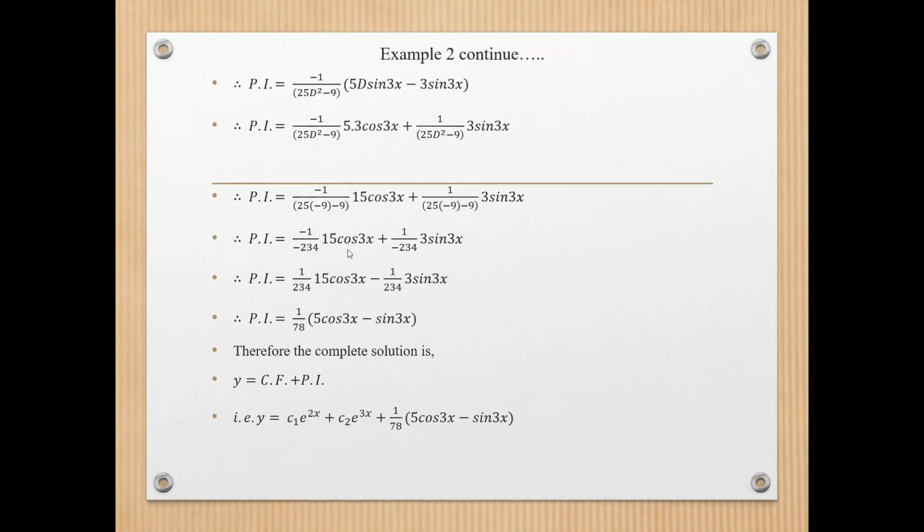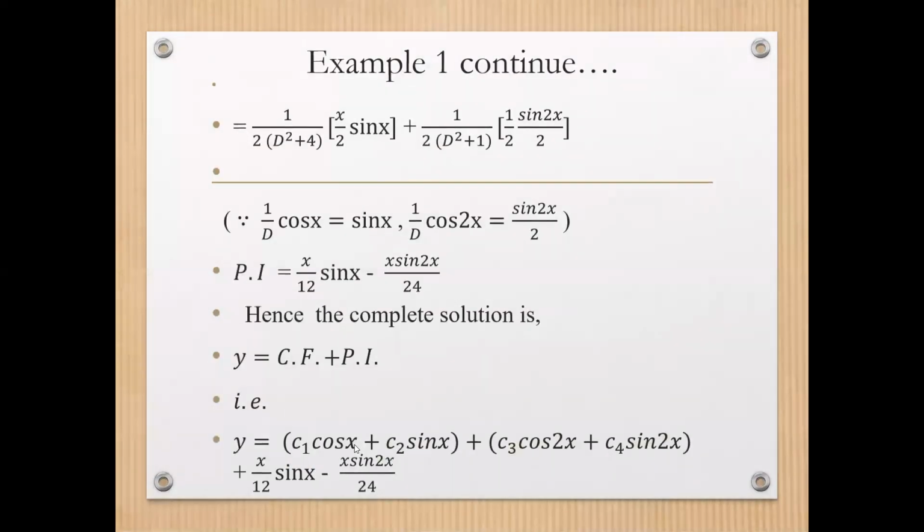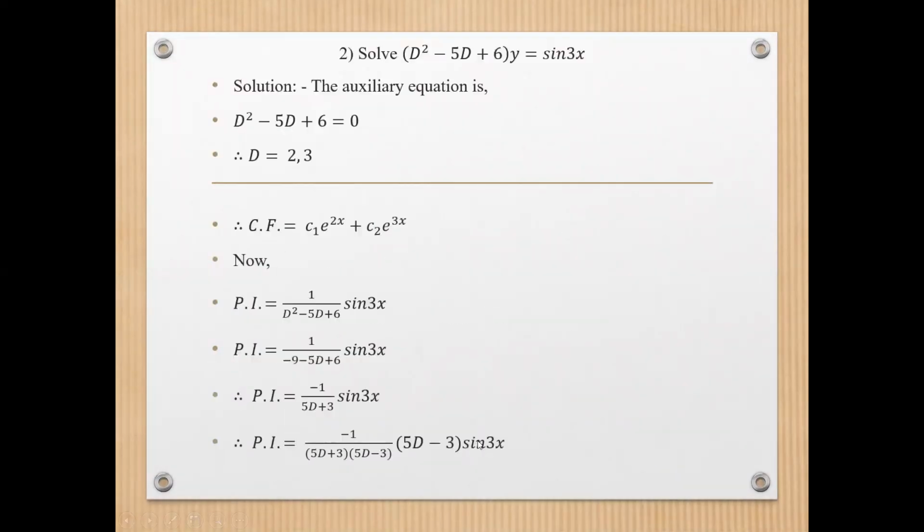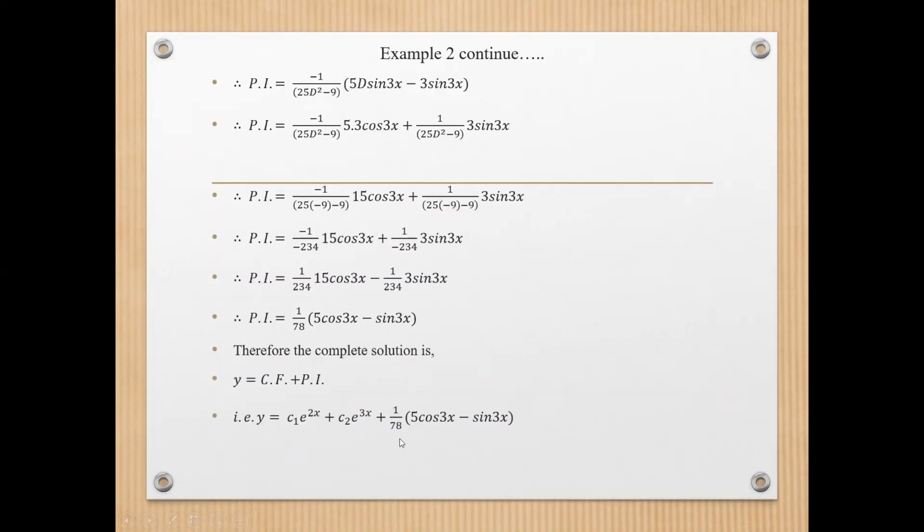On the numerator, multiply minus with sin 3x inside the bracket. What do we get? 5D sin 3x minus 3 sin 3x. Now minus 1 upon 25D square minus 9. You may give the denominator separately to each term.